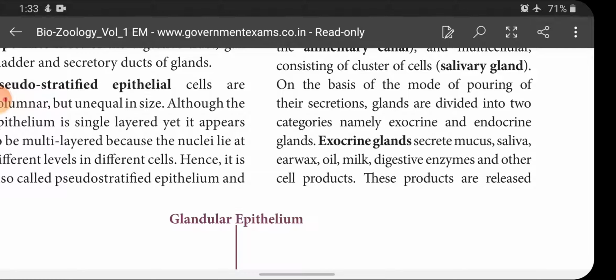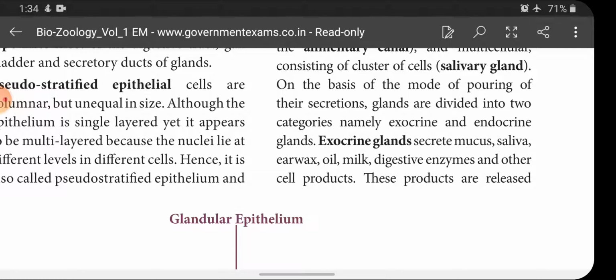In exocrine glands, the secretion is carried through a duct or pipe, and this is called an exocrine gland. But endocrine glands secrete, for example, hormones, and these endocrine glands do not have any duct to carry their secretion to the target organs.